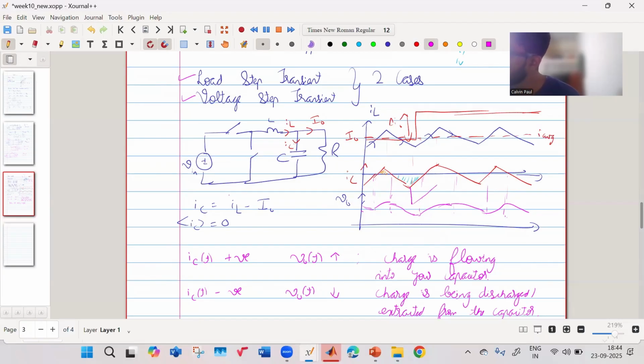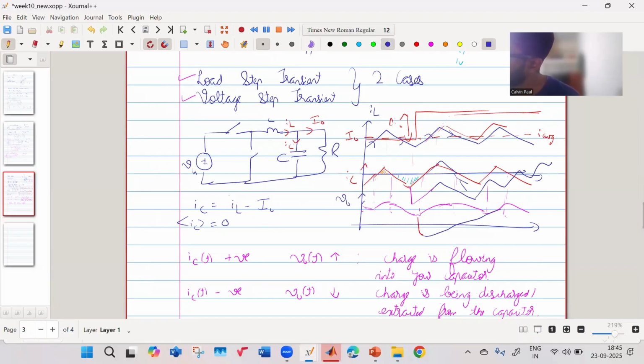And your inductor current, which is here, it will take some time. Inductor current will not change instantaneously, but your capacitor current will change instantaneously. So what will happen is your output voltage, which is here, this will dip. And then depending on how your inductor current changes, how this adjusts itself, it will come like this.